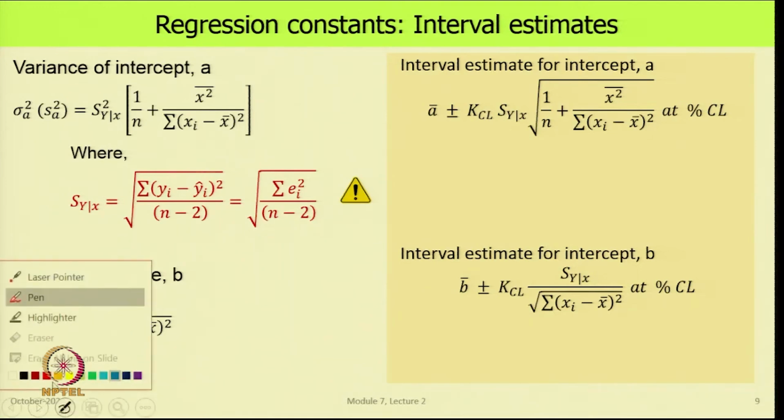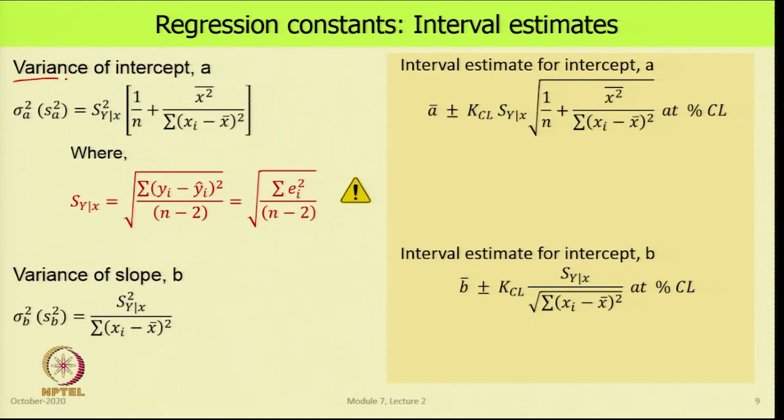And what we have is the variance of the intercept a, sigma a square, or its estimate S a square, is given by this formula.